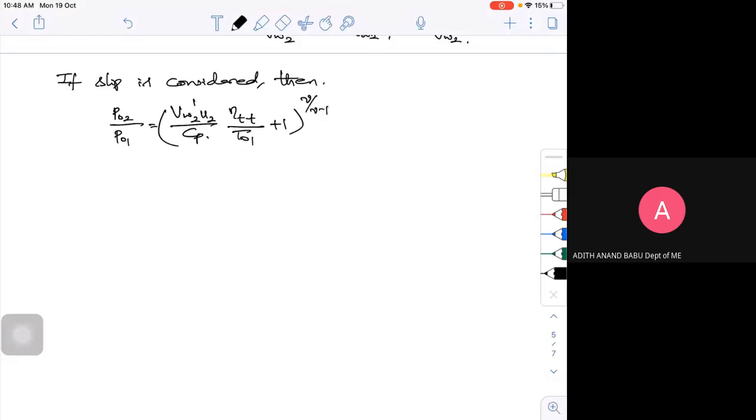Now what is your sigma? Sigma is equal to VW2 dash by VW2, or I can write VW2 dash is equal to sigma into VW2.